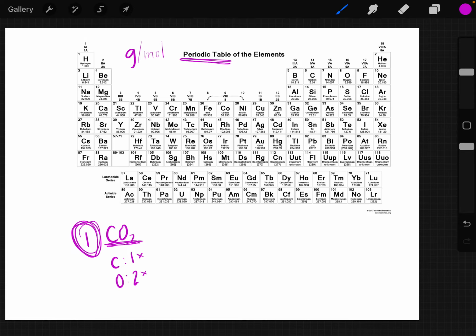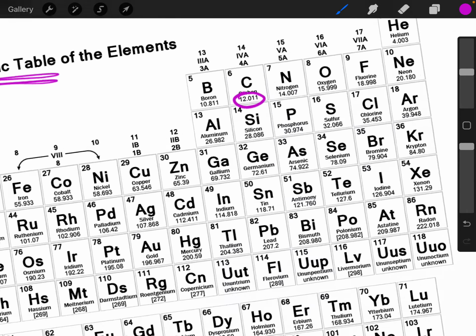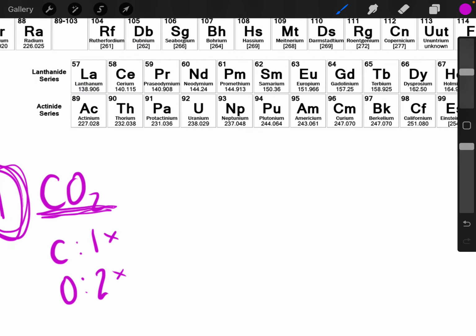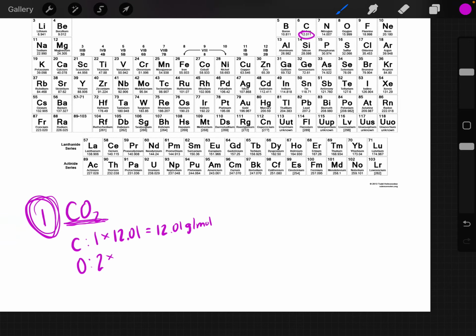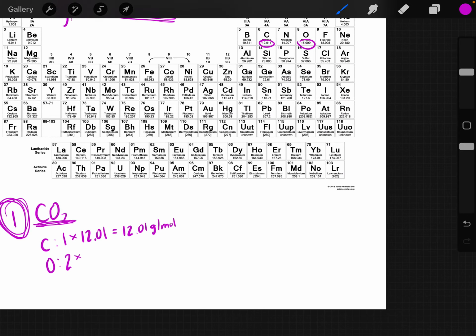And I'm going to figure out that 1 mole of carbon has 12.01 grams per mole. I'm going to multiply that by the single carbon that I have, and that becomes 12.01 grams per mole. And then I'm going to look at oxygen, and oxygen has 15.9999.